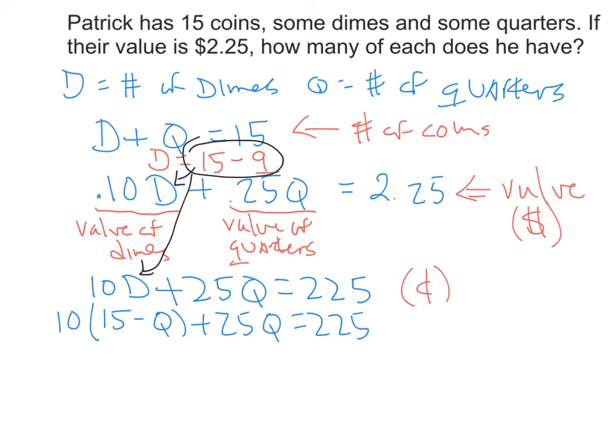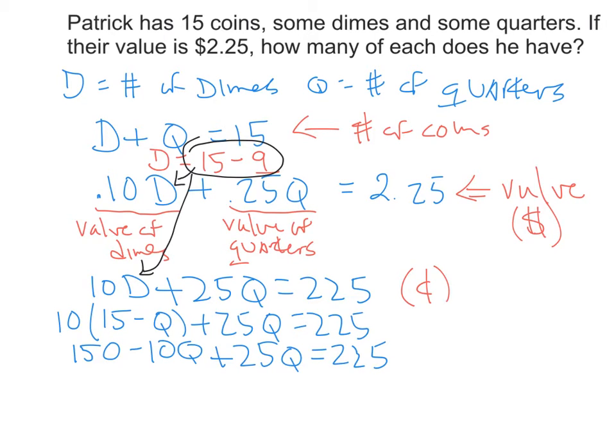Then we simply solve this equation, and what we've accomplished is getting one equation in only one variable. We can solve this easily. We distribute. We get 150 minus 10q, be careful with your signs, plus 25q equals 225.